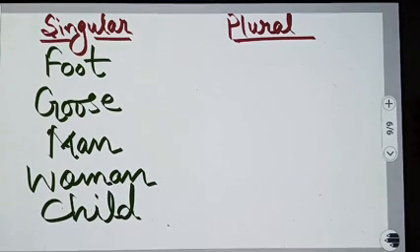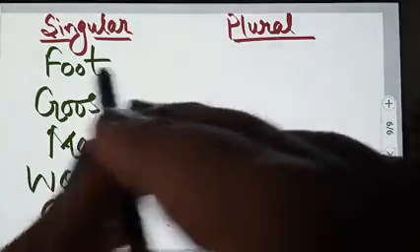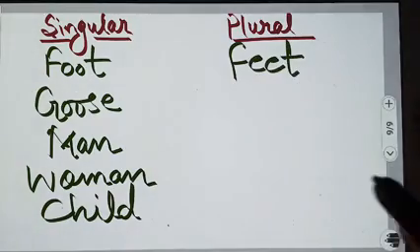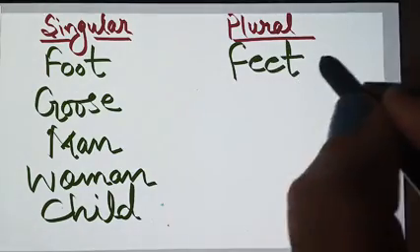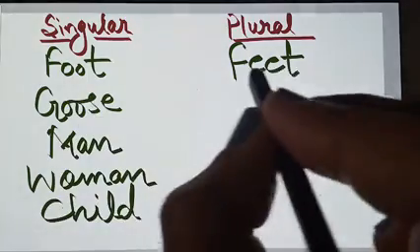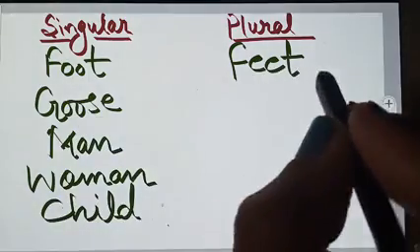So you must have seen these words, but yes, there is actually some language history related to such kinds of words. So how will you convert the singular word foot into plural? By making it feet, F-E-E-T. There will be no s or es, no changing of the word at the end, but the letters will change in between, and likewise it will become plural.